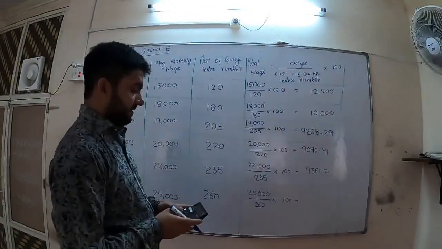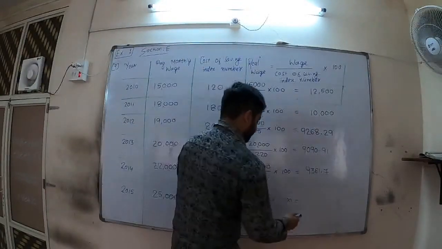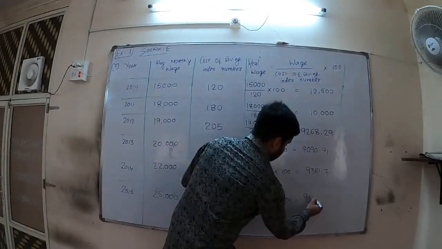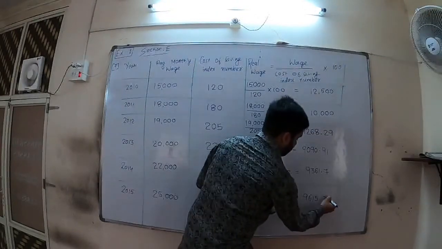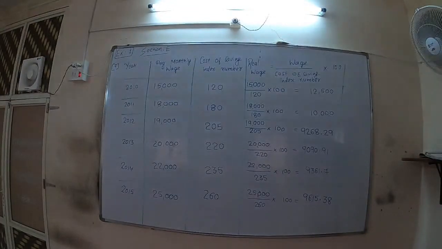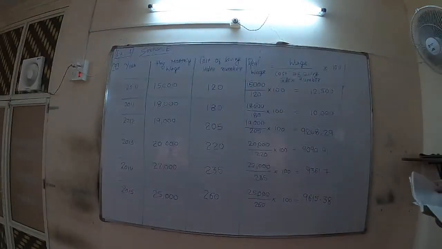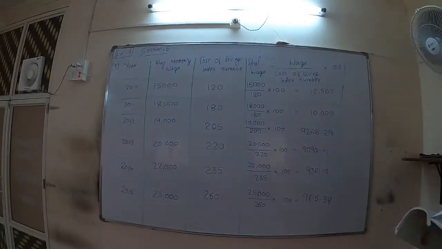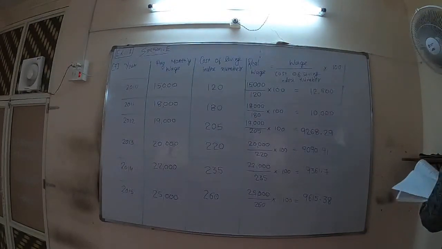Last, 25,000 divided by 260, multiply 100, is 9,615.38. So friends, you may look at the sum now. Then one more additional question has also been asked. That we will solve. First, you all write this.